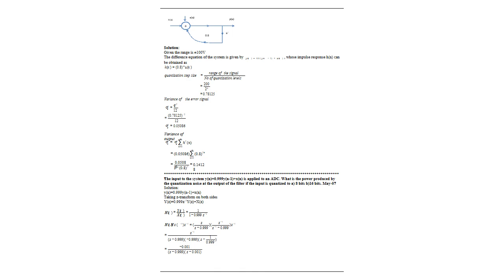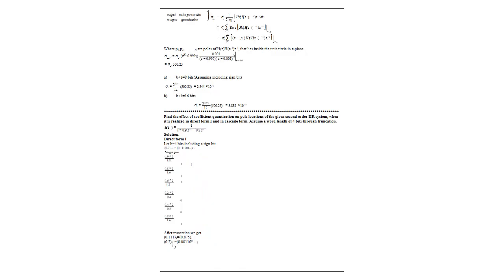Then we get the output noise power due to the input quantization, sigma e squared times 1 by 2 pi j, closed contour integral of h of z into h of z inverse into z inverse dz.